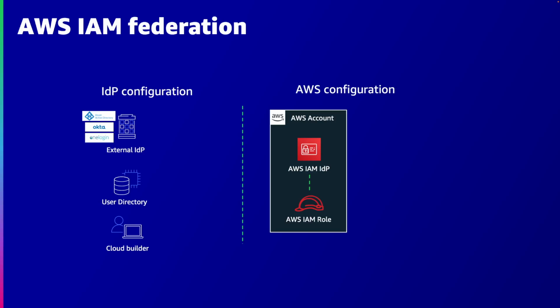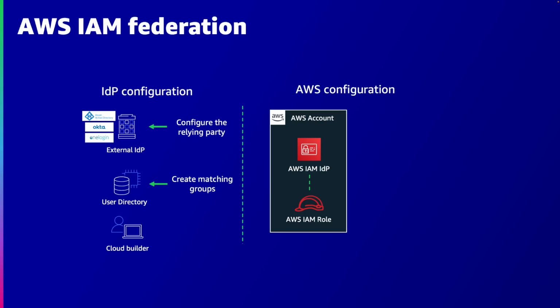Next, let's look at AWS IAM Federation, which is the traditional way that people would configure single sign-on on AWS. First, we have the identity provider configuration on the IAM side, and then we have the relying party on the IDP, the identity provider, where this information will be configured, such as username, password, and their permissions, as we just talked about.